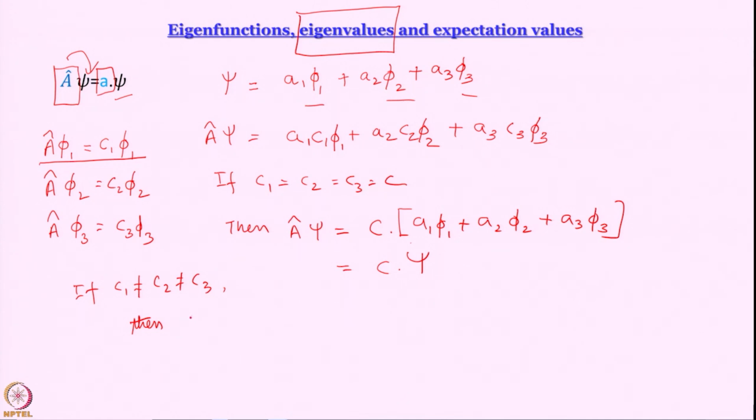For a given experiment, or rather let me say for a given observation, the system is going to reveal itself to us either as phi 1 or phi 2 or phi 3, alright. And one thing I forgot to say is that phi 1, phi 2, phi 3, let us say these are all normalized wave functions.